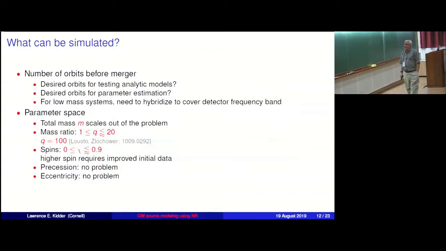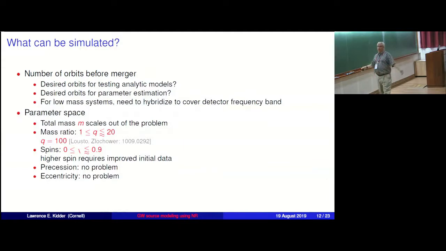So what can be simulated now? The number of orbits before merger depends upon what question you're asking. If you're testing analytic models, you want to have some room where you believe the analytic model is accurate, so you want to do longer waveforms. If you want to look at the desired number of orbits for parameter estimation on LIGO data, then it depends on how long the signal was, of course.